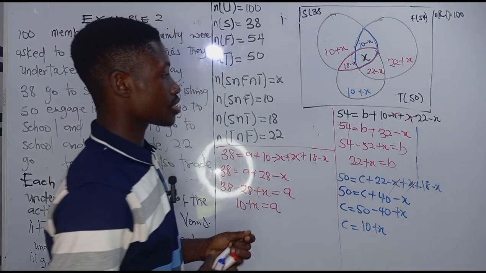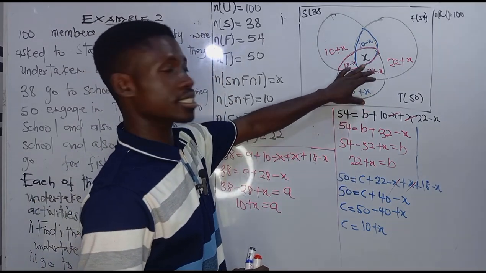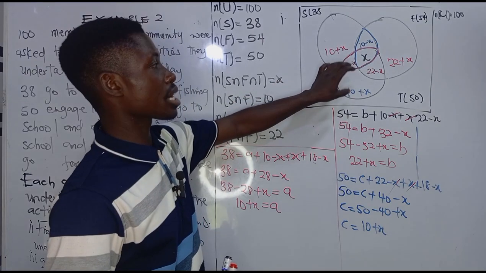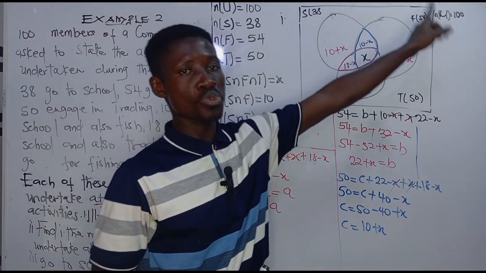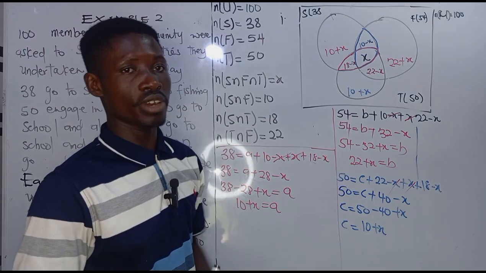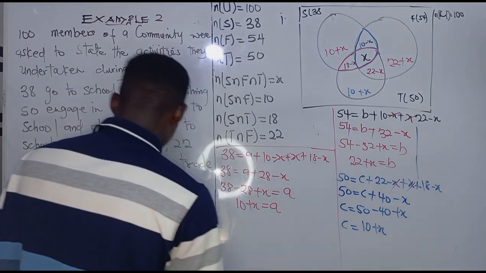Now that we've been able to find all the regions, we can sum all of them and then equate it to 100 to find the value of X. So let's do that.